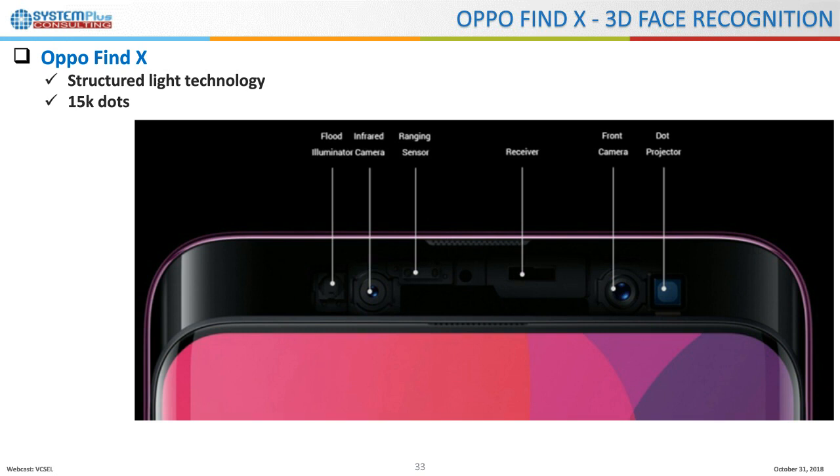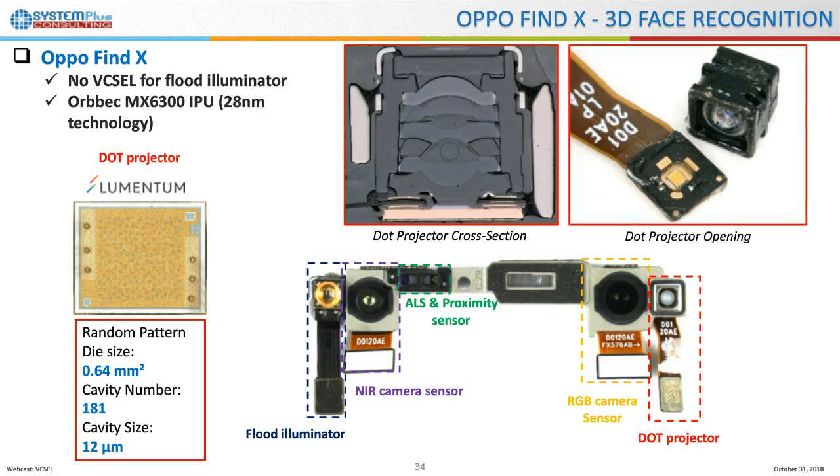In terms of structure, we can see that it is quite similar. The main difference is the integration approach, which is, I would say, less integrated compared to Apple, but it's still the same kind of sensors which are used: a dot projector, a flood illuminator, an infrared camera, also an ambient light sensor, and a proximity sensor.